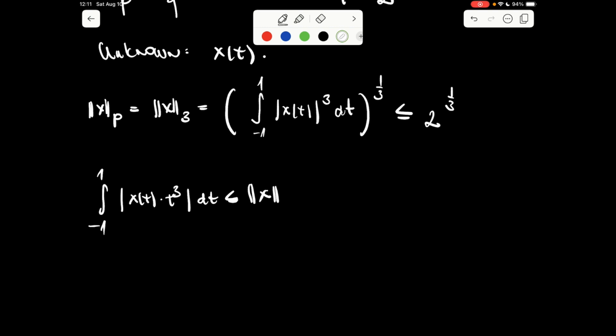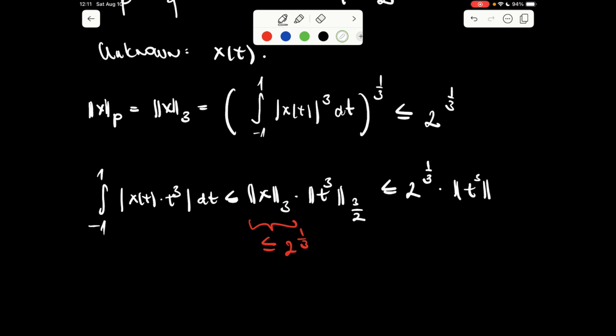And the integral cannot be higher than this expression, of which we know that it cannot be higher than this. So we know this for sure, and this is what we need to calculate.